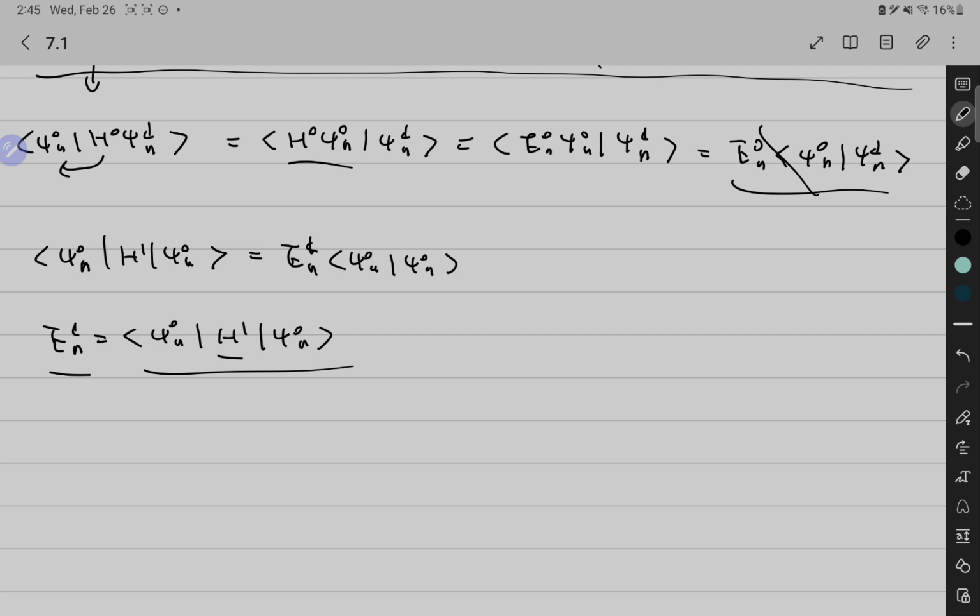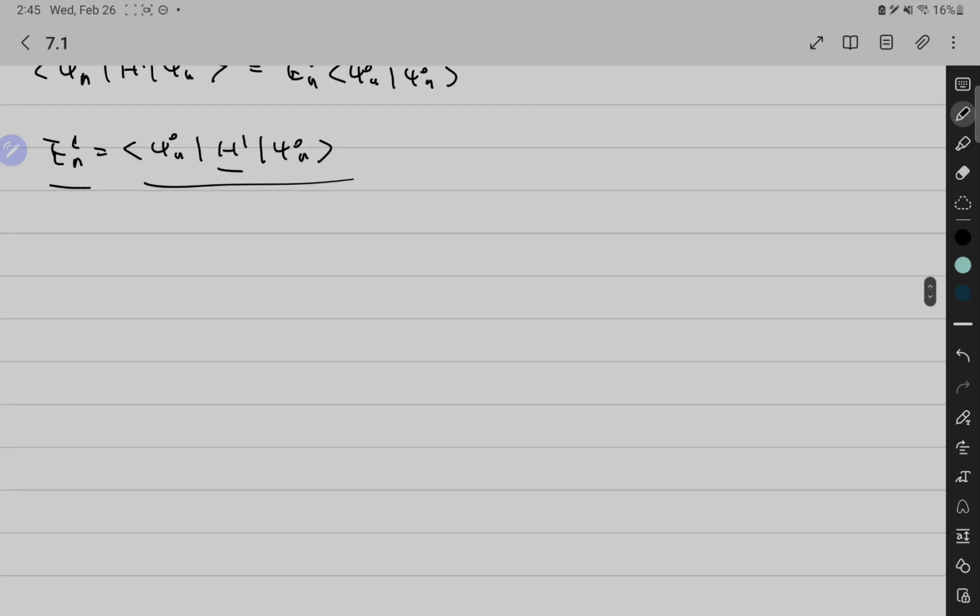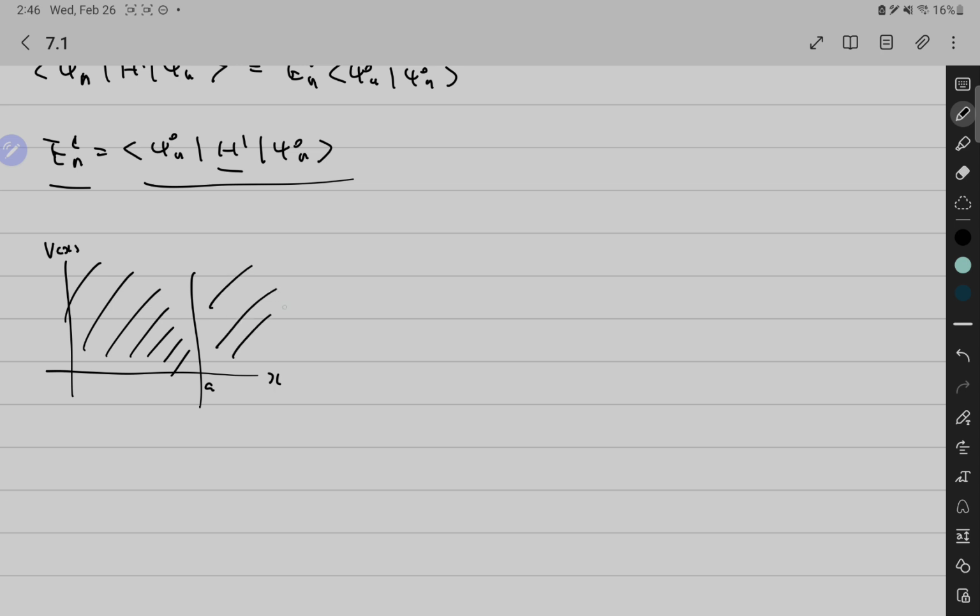And in my example, you can really see what this means. I'm going to use the infinite square well. If you recall in earlier quantum mechanics, when we dealt with the infinite square well, you have a diagram like this, x, and then V(x), right? And then a here, and then the particle exists within the well where it cannot exist outside of the well.